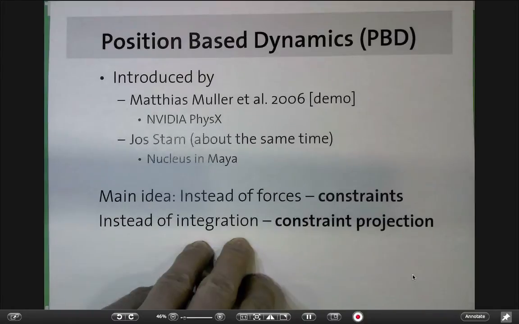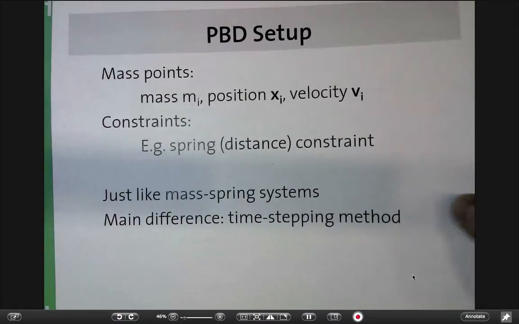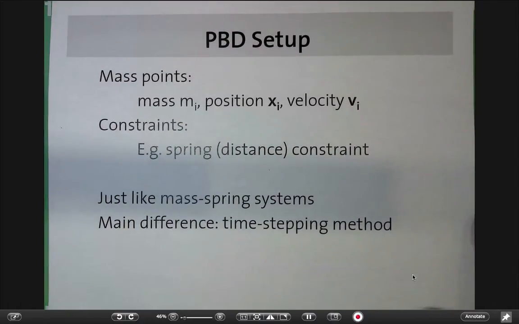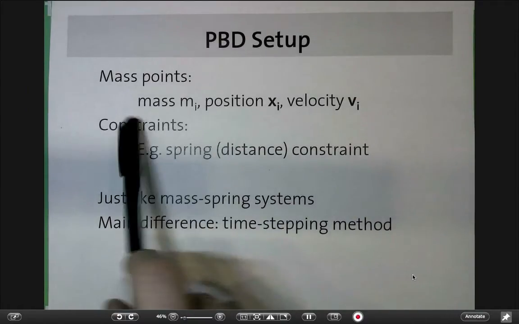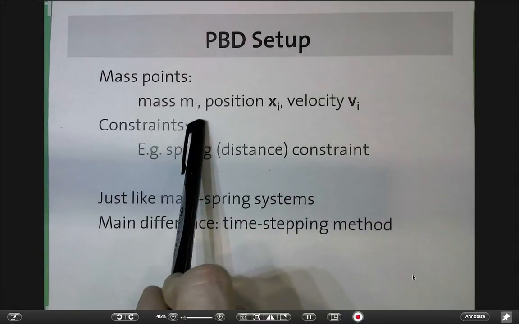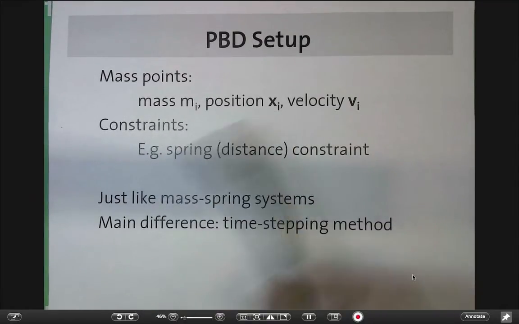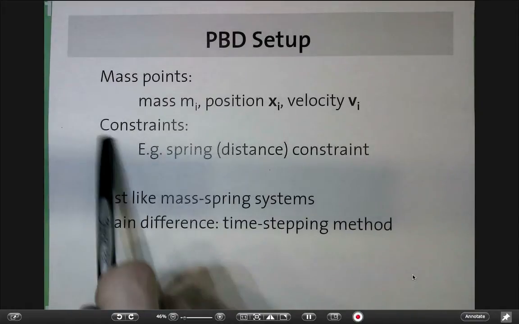Okay, so the setup is relatively standard. You put there some mass points, just like we were doing with mass spring systems. Every point has some mass, m_i, a position, which is a 3D vector, and a velocity, also a 3D vector. That's pretty standard. And then we have a set of constraints.